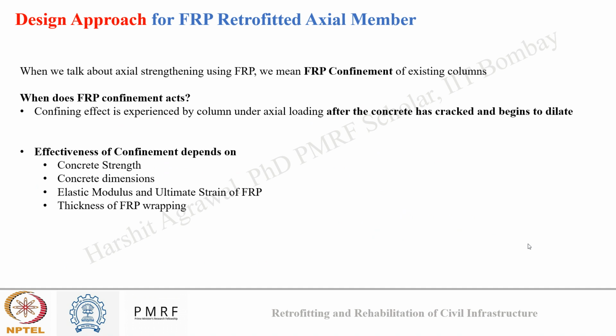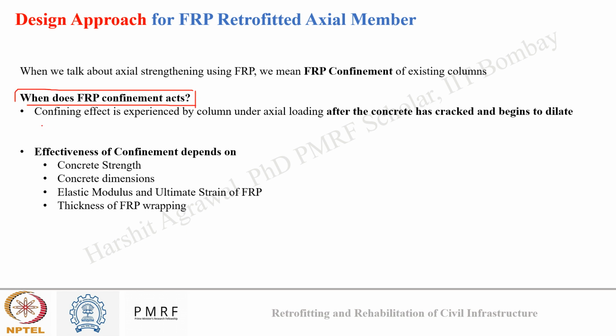So let's move ahead. Finally, let's talk about the design approach of an FRP retrofitted axial member. When we talk about axial strengthening with FRP, we mean FRP confinement of existing columns. Now, what does FRP confinement do?